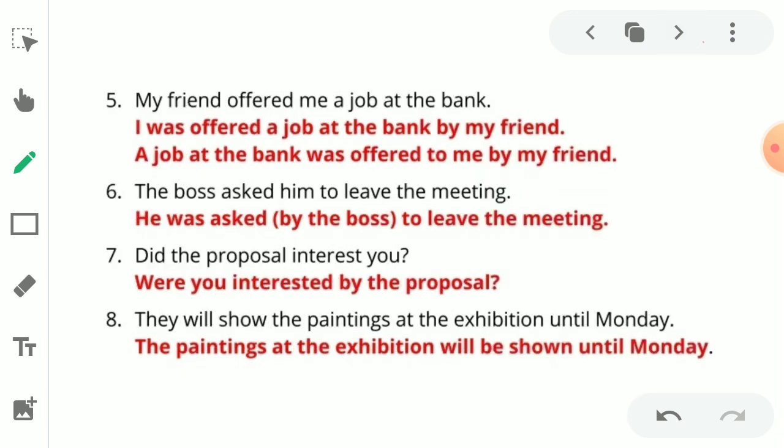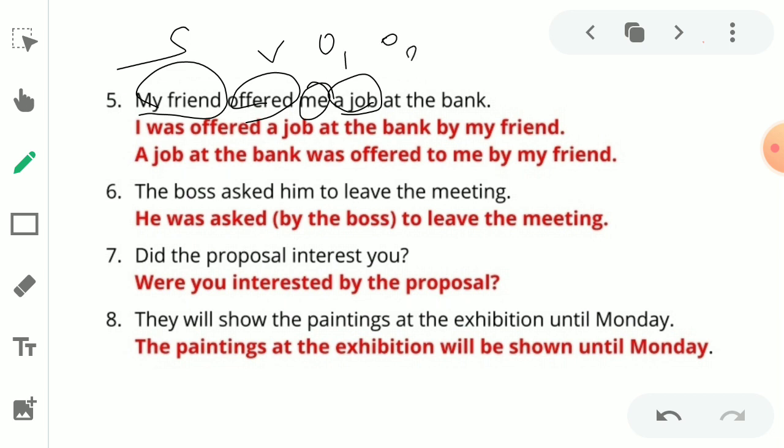Okay, let us move to the next one. My friend offered me a job at the bank. Here, my friend is the subject, offered is the verb, me is the object, and a job is also an object. So object 1, object 2. There are two objects here. Let me take the first as object 1.